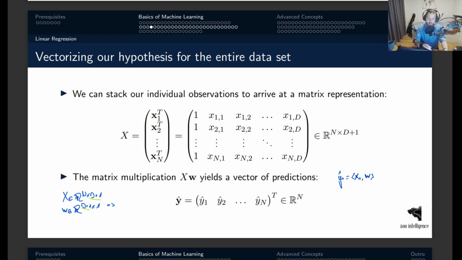And the resulting object is of dimensionality n times 1, which is just Rn, and this will be our prediction vector. If you're still not convinced that this will produce our vector of predictions, then you could, of course, calculate this by hand using this definition and the definition of the weight vector, but let's just proceed.